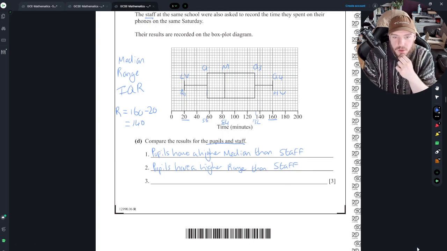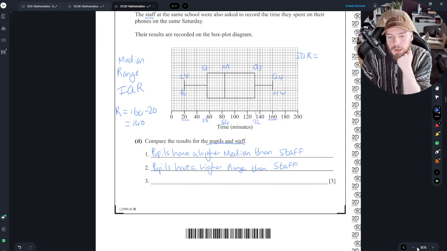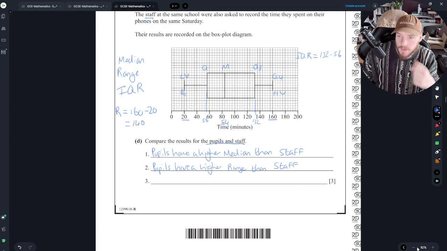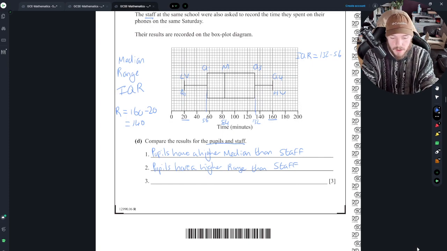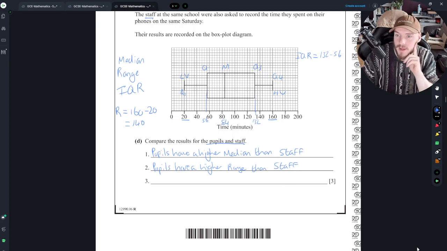Okay, last thing, IQR. So our IQR for our staff would be our Q3 value 132 minus our 56. So 132 minus 56. I can already tell that their IQR is lower. So their IQR is 76.